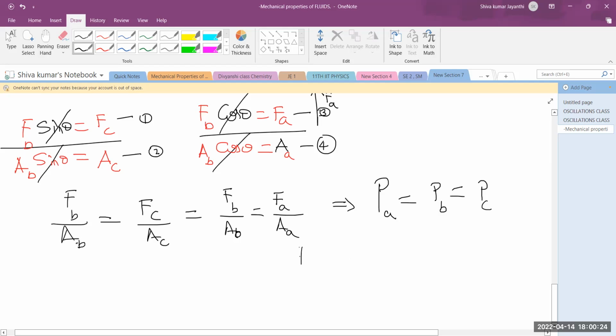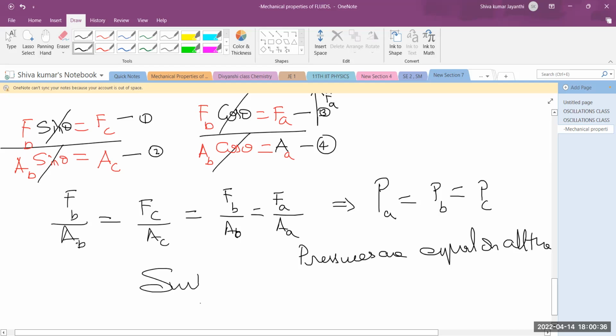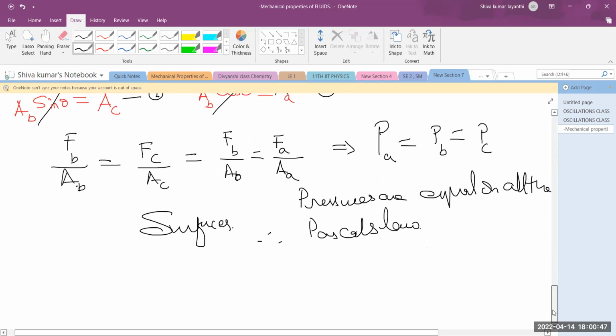So pressures are equal on all the surfaces. This is the proof of Pascal's law. Understood?